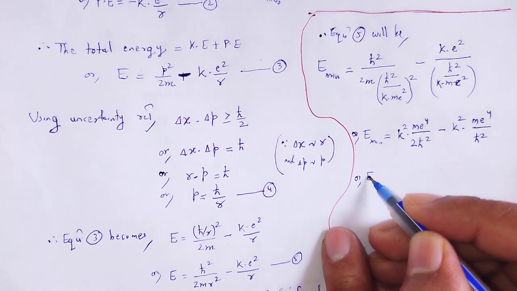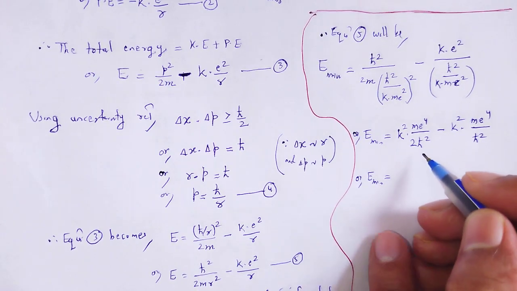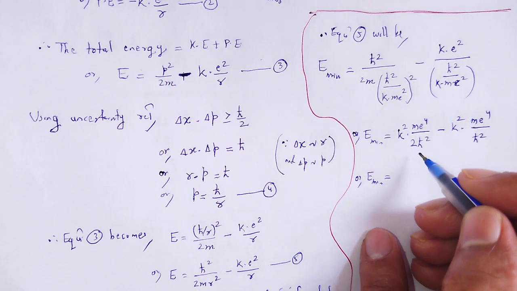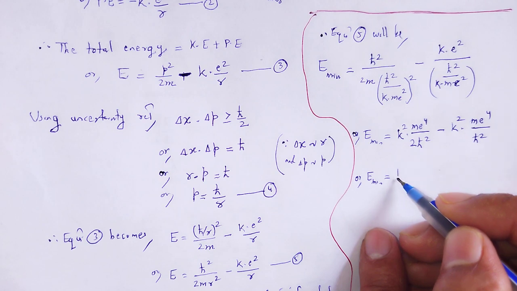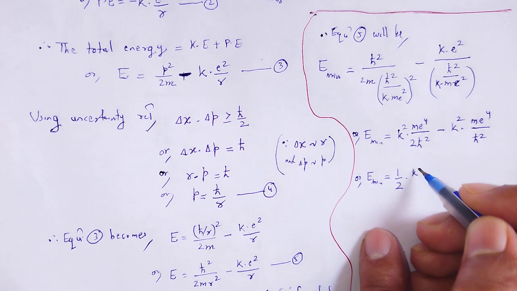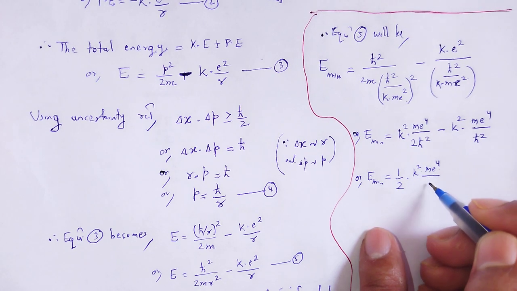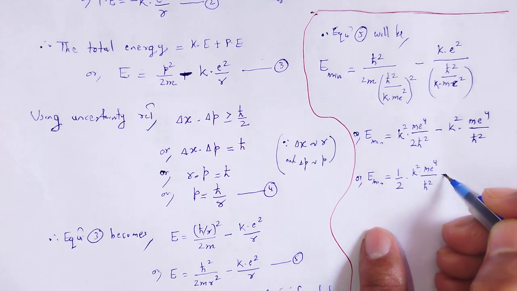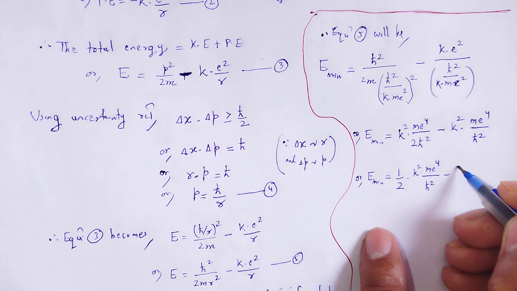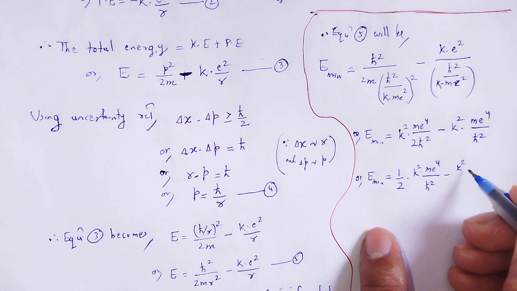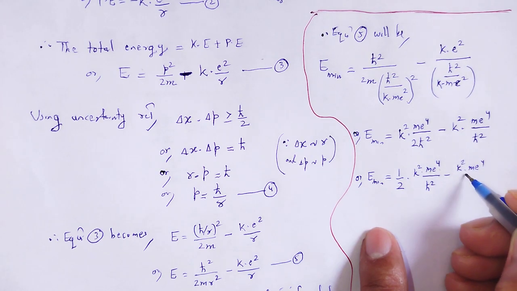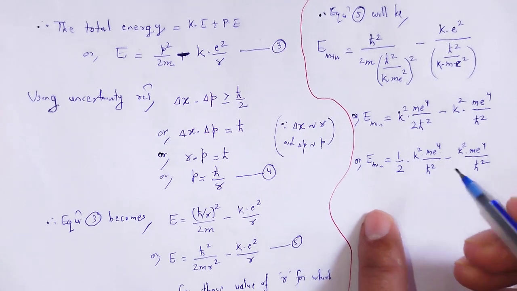So E minimum is half k square m e to the power 4 divided by h cut square minus k square m e to the power 4 divided by h cut square.